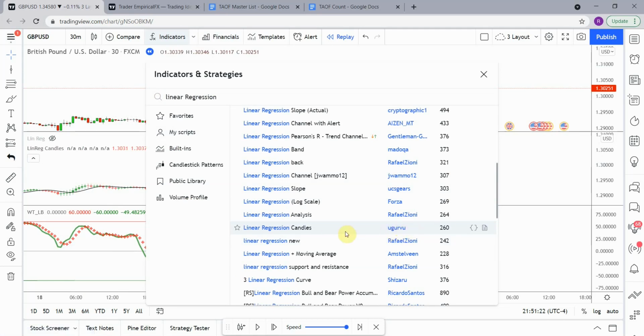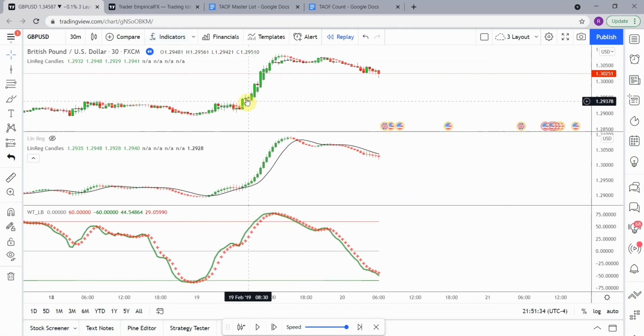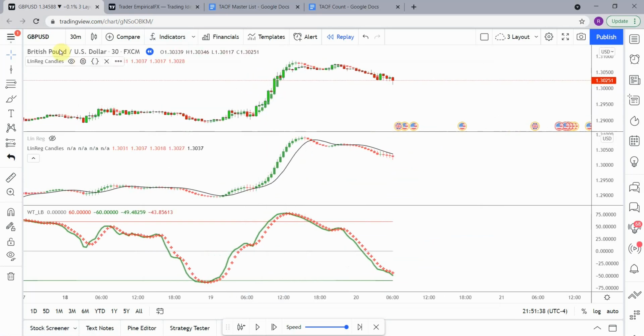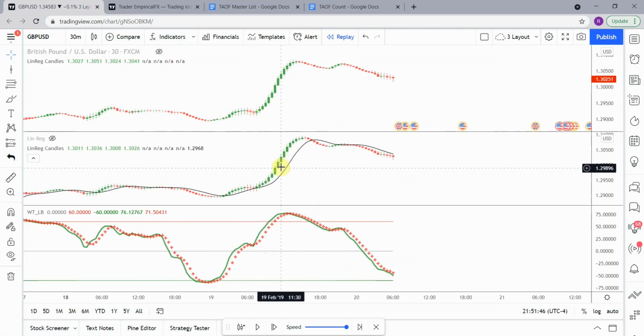I'll post a link to these down below in the description so that they're easy to find. So when you actually add that to the chart, you can see here that it adds it to the price action up here. And if we were to turn off the price action candles, then you can see here, now you have something that looks similar to this right here.